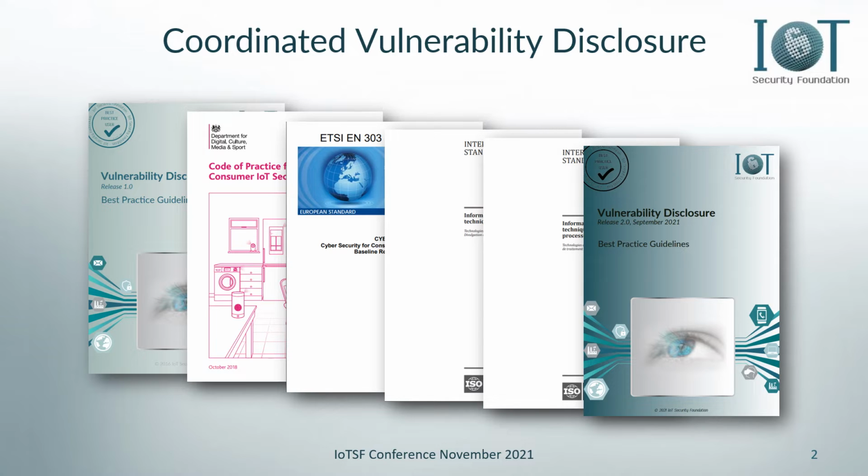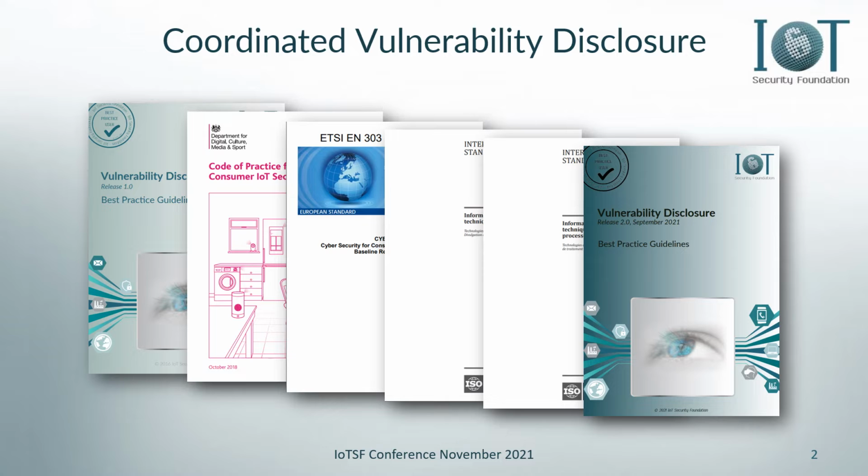Firstly, the UK Government Department for Digital, Culture, Media and Sport released its Code of Practice for Consumer IoT Security, where it prioritised vulnerability disclosure as one of 3 essential measures which it expected to bring the largest security benefits in the short term.